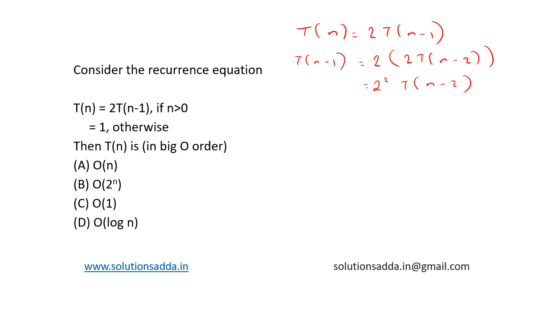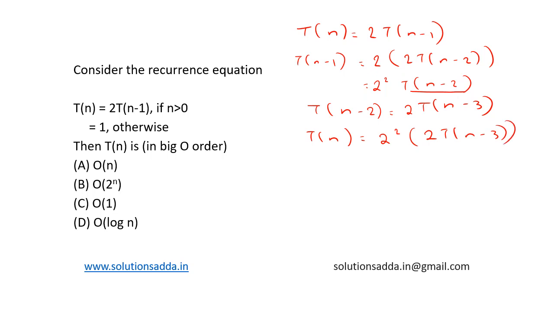Again, further solving, we can write T of n minus 2 is equal to 2 into T of n minus 3. Now again we can write T of n is equal to 2 square into T of n minus 2, which can be substituted using 2T of n minus 3, which is equal to 2 cube T of n minus 3.